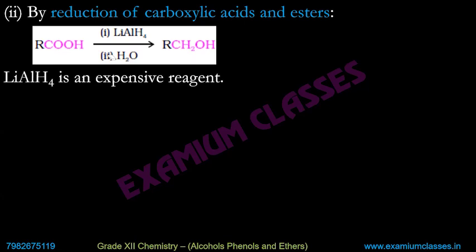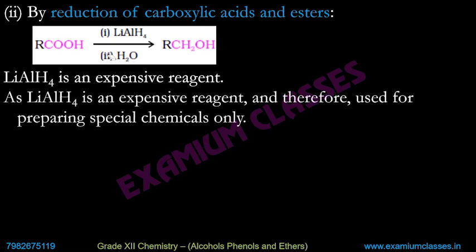Lithium aluminum hydride is an expensive reagent, very expensive rather. So the reactions which use lithium aluminum hydride are normally not conducted in the laboratory. You will not get lithium aluminum hydride in your lab. Okay. So it is an expensive reagent and therefore used for preparing special chemicals only.